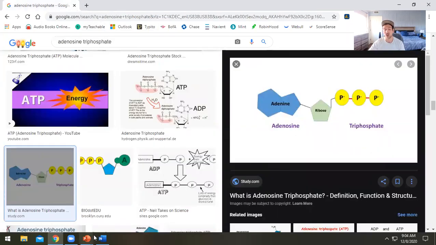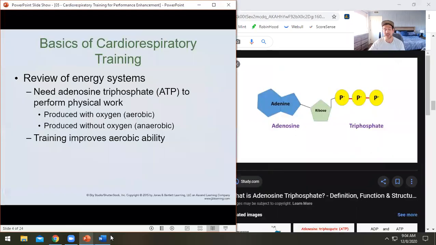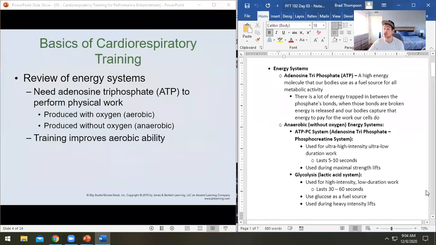Because that's so chaotic, our body can't handle storing energy directly. It can't store energy that way because we would just overheat and die, right? Also, it would just burn up and be gone, and we wouldn't be able to use it when we need it. Right now, everybody for the most part is probably sitting down. You're not burning very much energy. If you had all this energy being released, it would have nowhere to go.